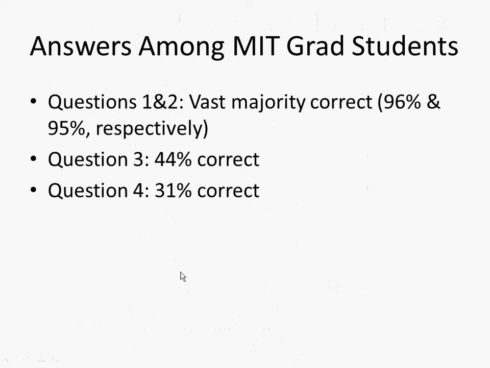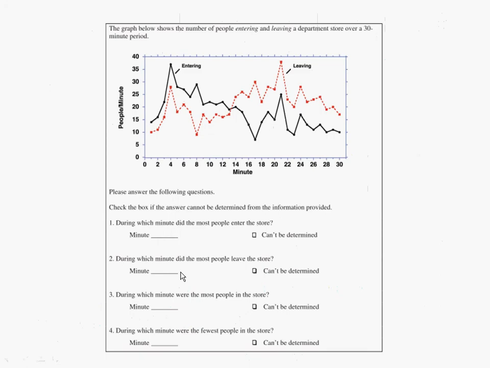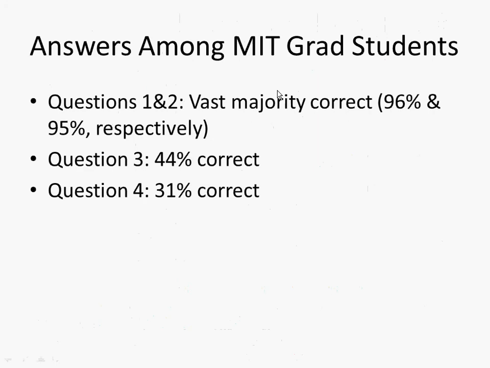During which minute did the most people enter the store? You can read it directly off there. During which minute did most people leave the store? You can also read that one directly off. It's just a matter of graph reading. And those two questions basically help us understand, do people know how to read a graph reliably, right? Are they in a situation to read a graph reliably?